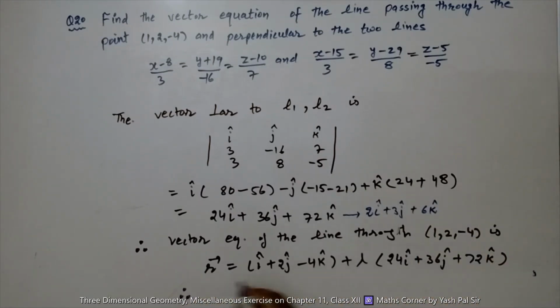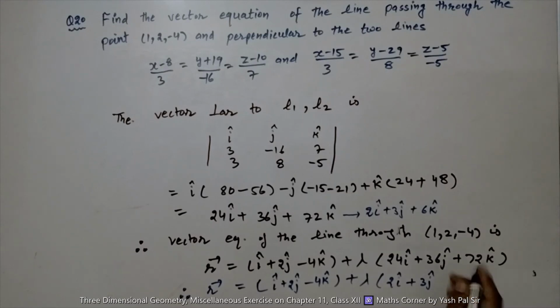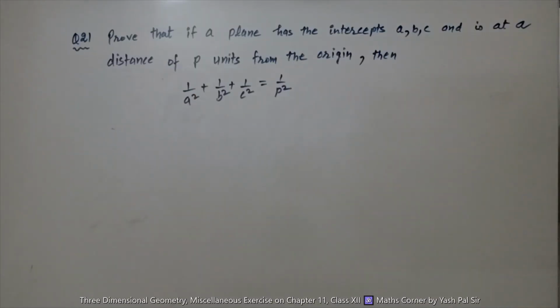So likewise the equation of the line becomes r equal to i + 2j - 4k plus lambda times (2i + 3j + 6k). So this is the final equation of the required line.